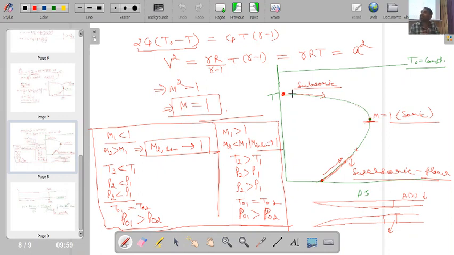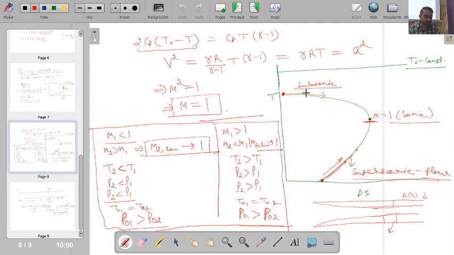Whereas in case of friction, the direction cannot be reversed. Okay, whether you move from left to right or right to left, friction will always have the effect of increasing entropy. You cannot expect friction to decrease the entropy. So it is interesting to know that on a Rayleigh curve, if I start from a supersonic point, by adding heat I can reach a sonic condition, and then by removing heat I can reach a subsonic condition.